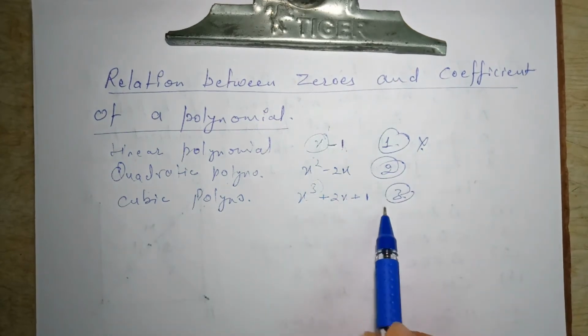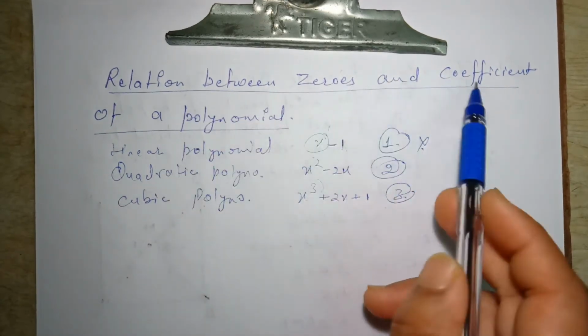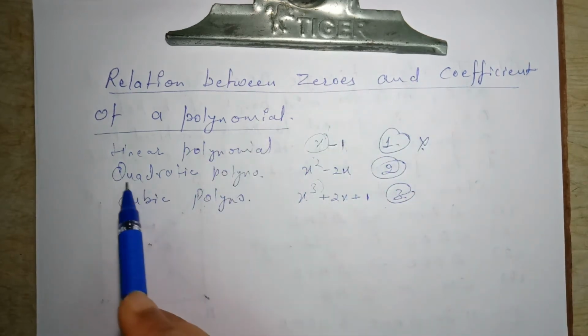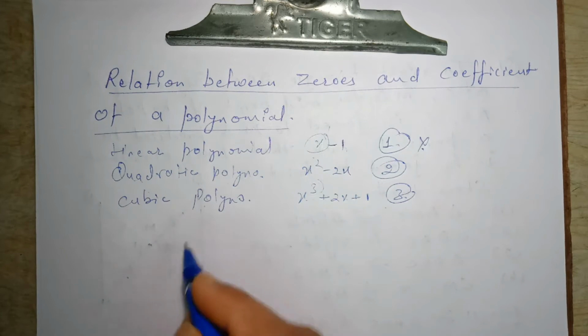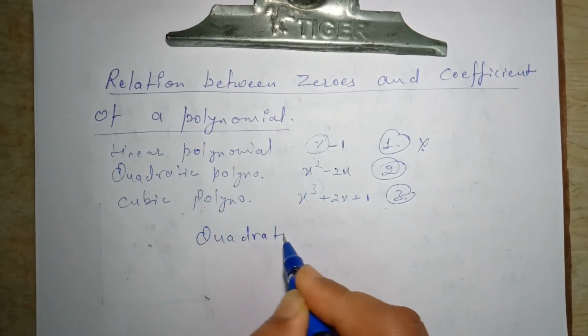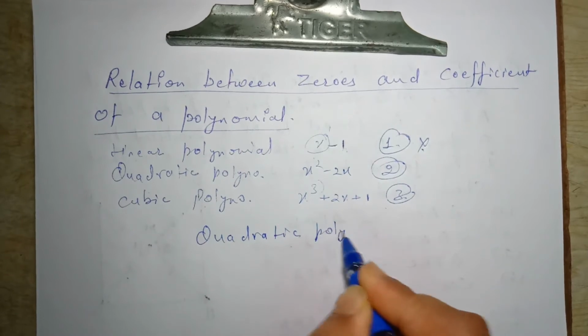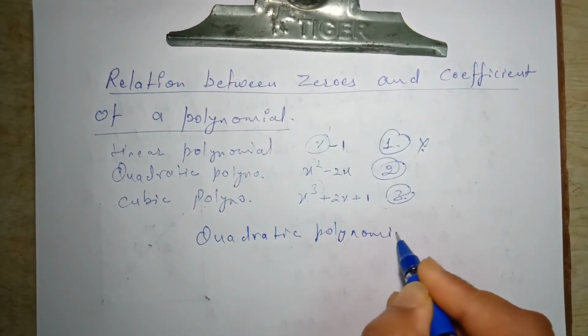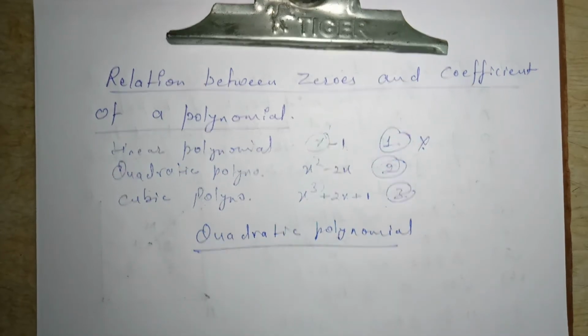So here also we can find the relation between zeros and coefficients of the polynomial. Particularly, we are taking the quadratic polynomial. We are going to learn how to find the relation. There is a condition for finding the relation between zeros and coefficients of a quadratic polynomial.